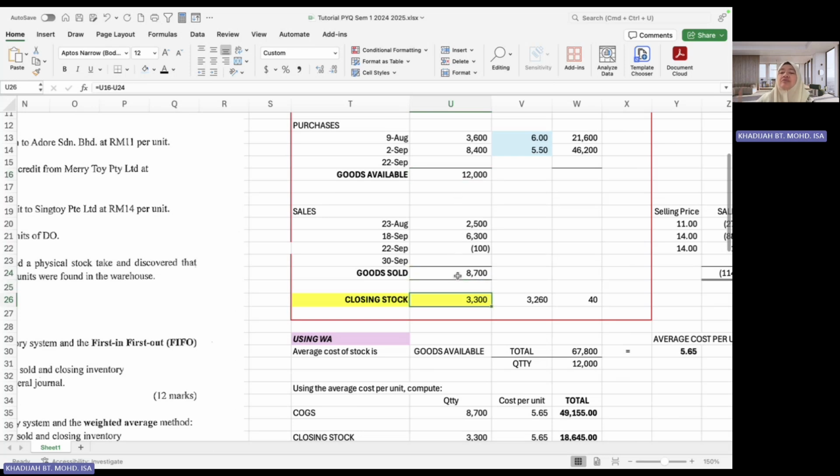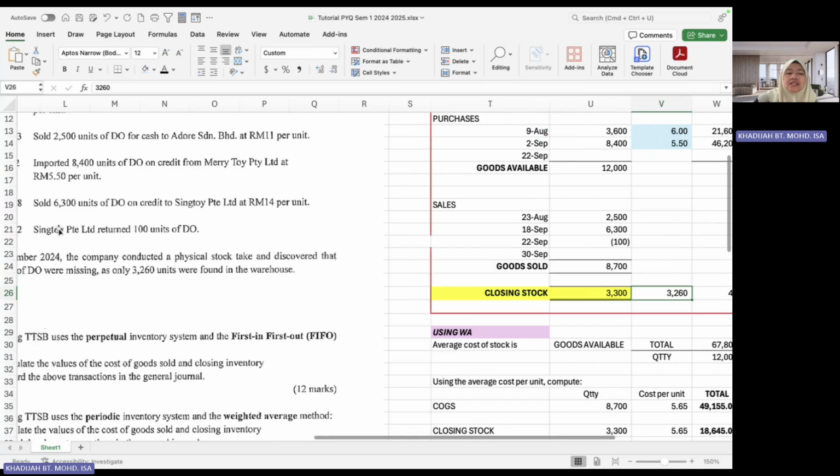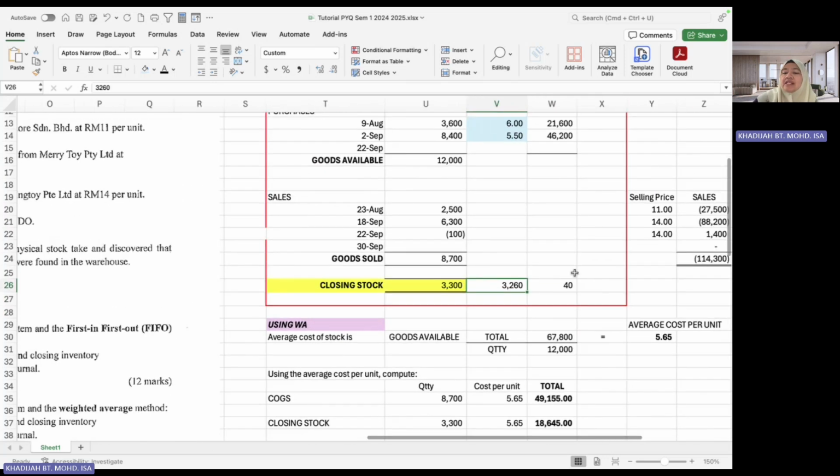But then it was found that my closing stock here is only 3260, and the difference is 40 units. So these 40 units represent goods loss. It could be obsolete, it could be theft, it could be broken or whatever.